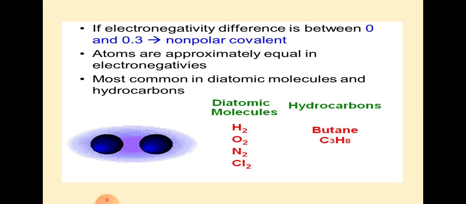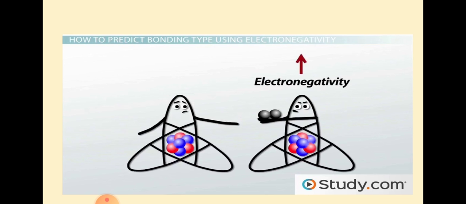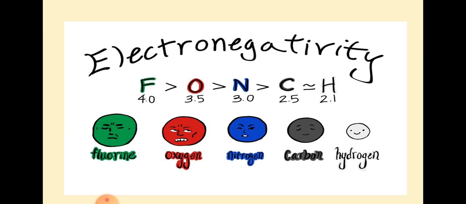If the electronegativity difference is between 0 and 0.3, your compound will be a non-polar covalent compound. Suppose an O2 molecule is being formed.